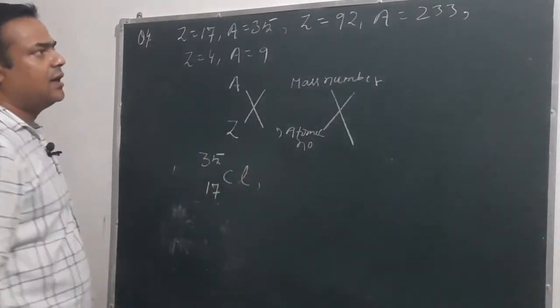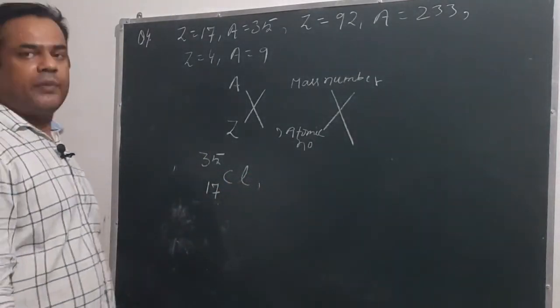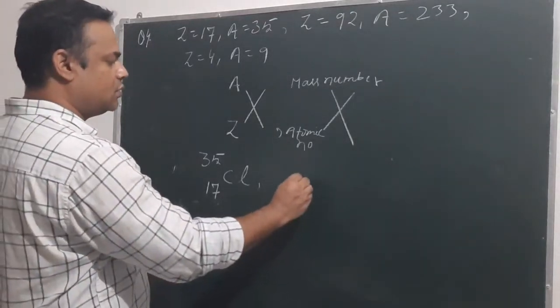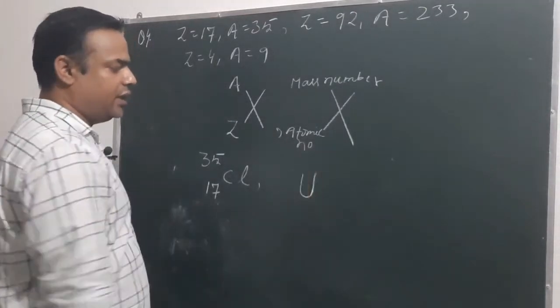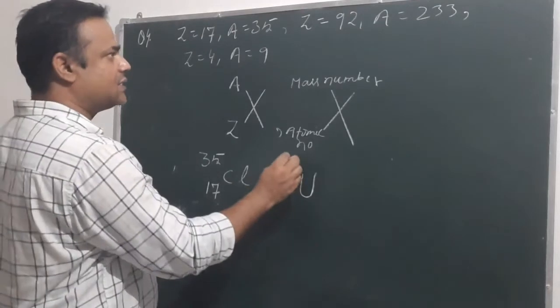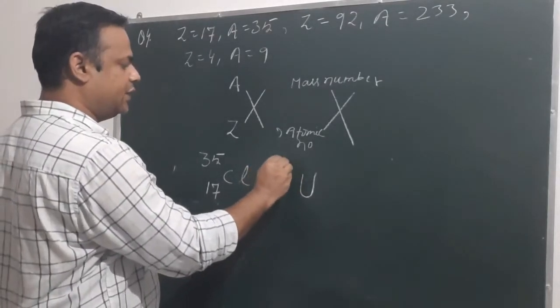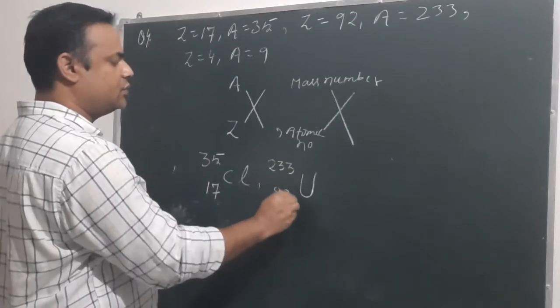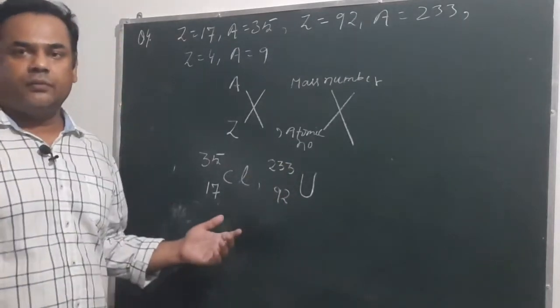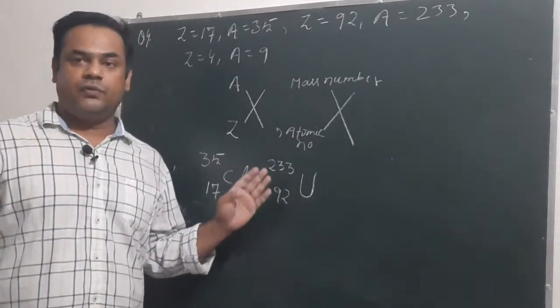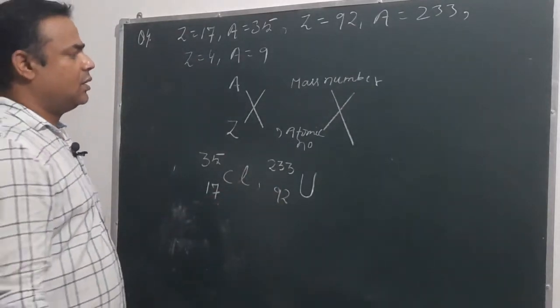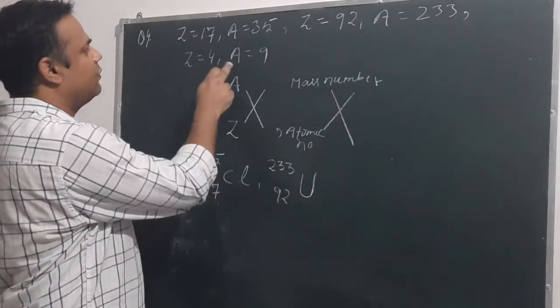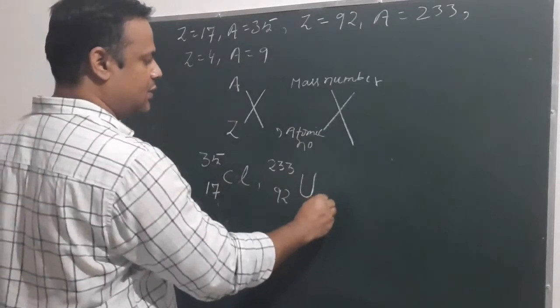Second is Z 92, atomic number is 92, so this one is for uranium. Mass number we will write 233 and atomic number we will write 92. This is an isotope of uranium. Uranium exists in 235, 236 also. Now next one is Z 4 and A 9.